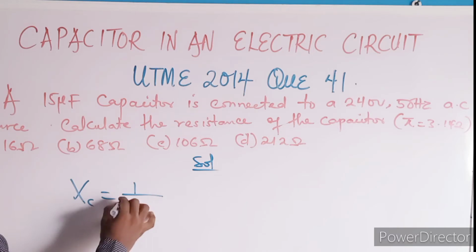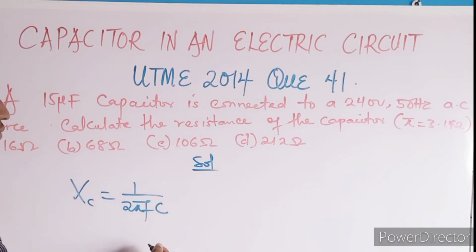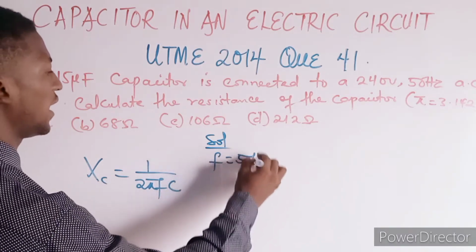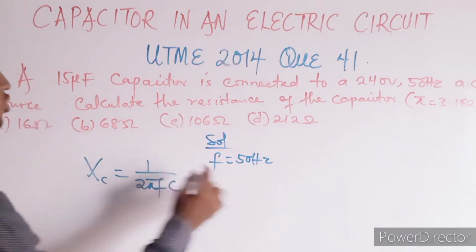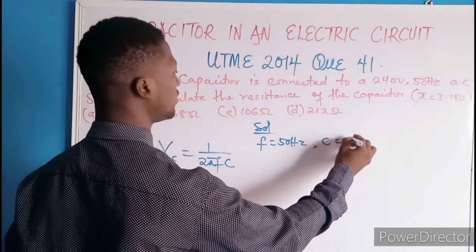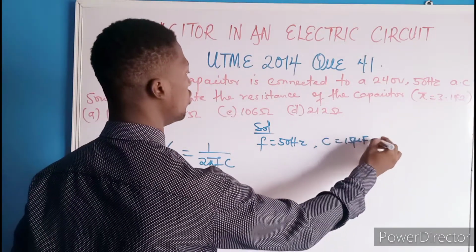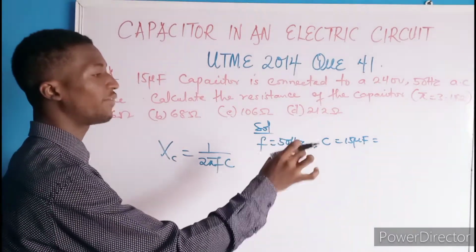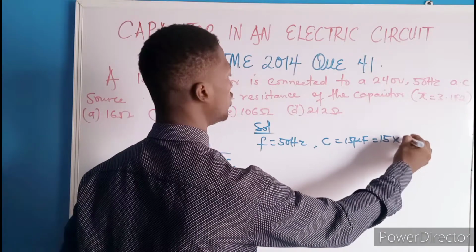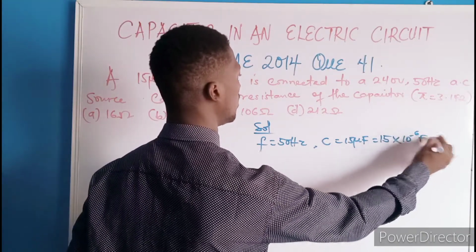Xc equals 1 over 2 pi fC, in which F is the frequency, which has been given to be 50 Hz. C is the capacitance of the capacitor, which is 15 microfarad. Whenever you have capacitance in microfarad, it is taken to be times 10 to the power minus 6 in farad.